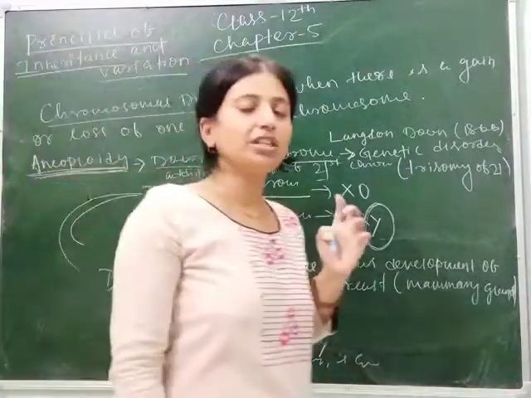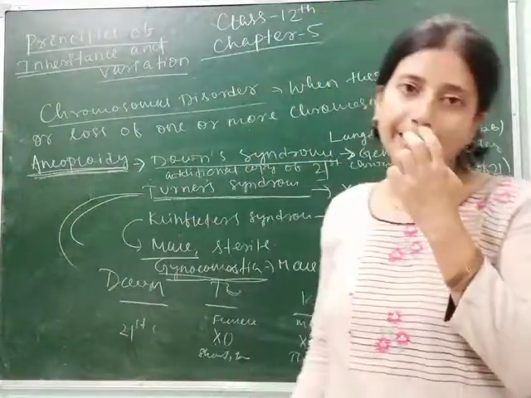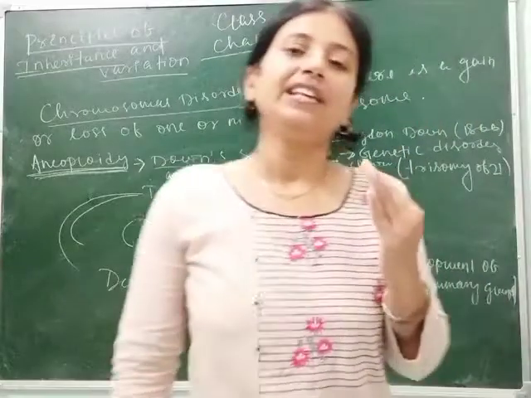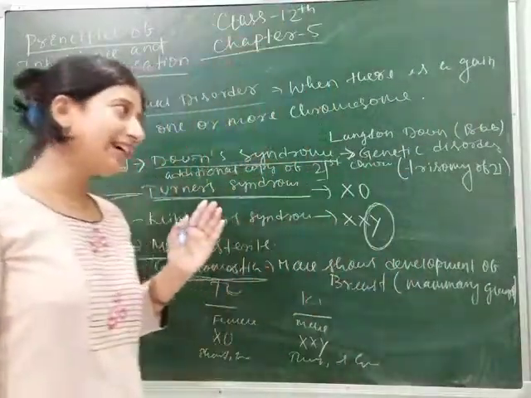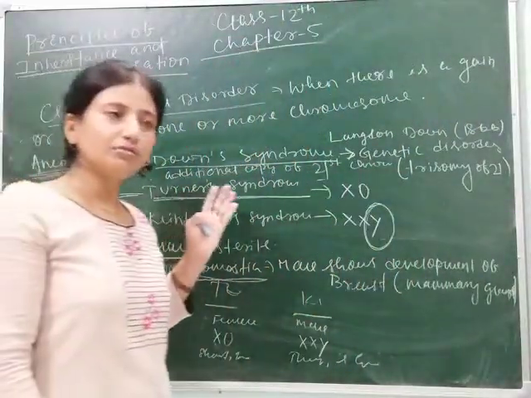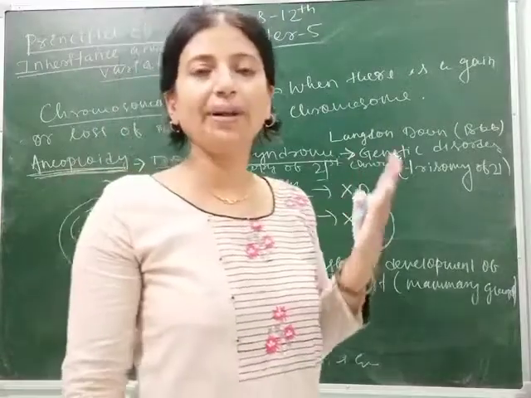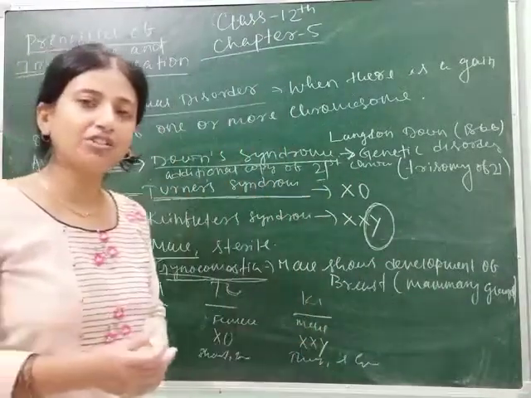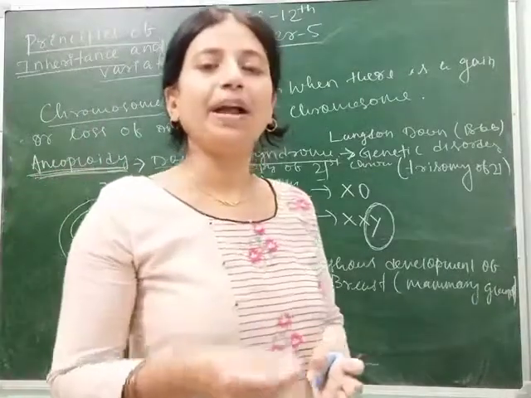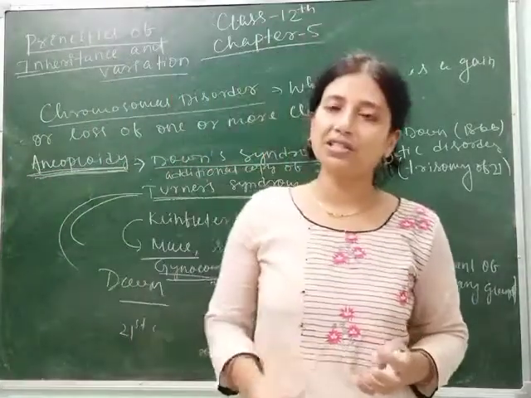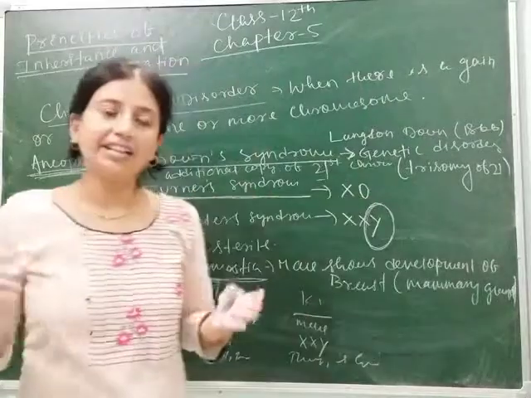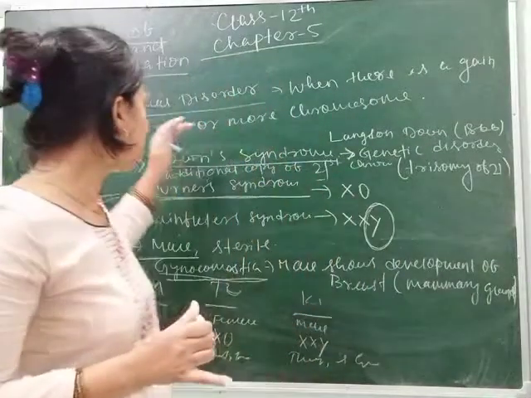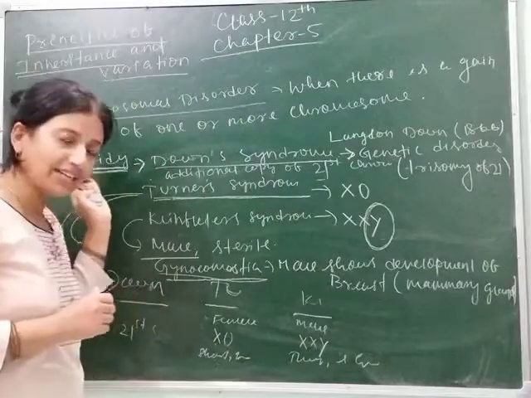Again I am telling you, this chapter is so important and you have to study this chapter again and again. If you have any doubt, then you can ask me, and you should do different types of monohybrid, dihybrid cross, monohybrid test cross, dihybrid test cross. Then how to find out blood group of different persons. Then the genetic disorders, Mendelian disorder and chromosomal disorder.